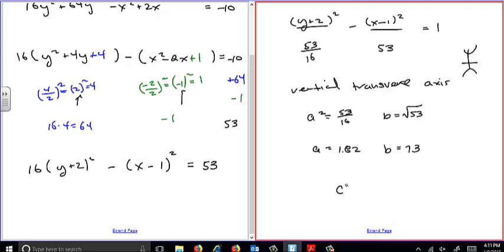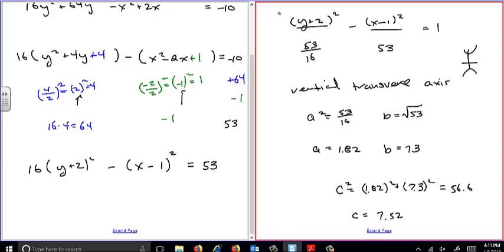And c squared is equal to 1.82 squared plus 7.3 squared, which is 56.6. So you take the square root of that, you get 7.52.